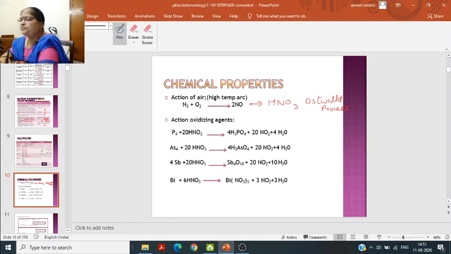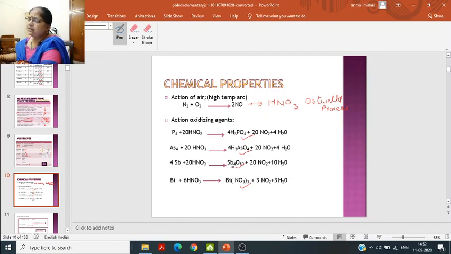Second is action as a reducing agent with nitric acid: phosphorus combines with nitric acid to form phosphoric acid, arsenic forms arsenic acid, antimony forms antimony oxide, and bismuth forms bismuth nitrate. And these two products are common.